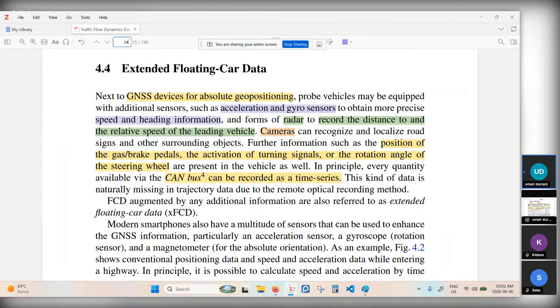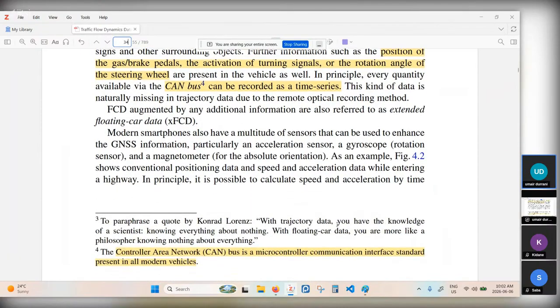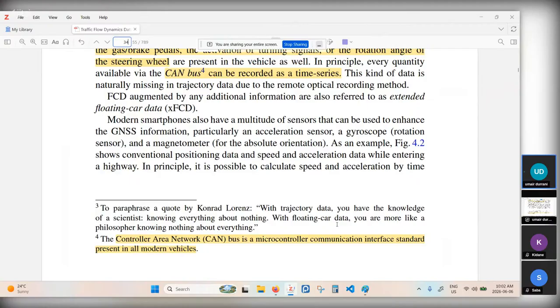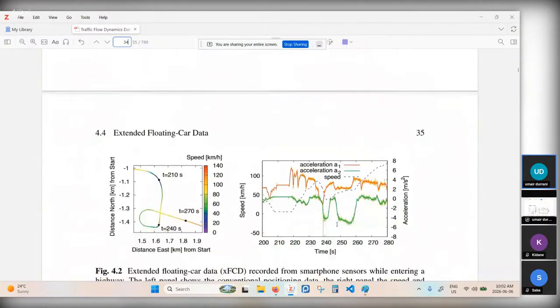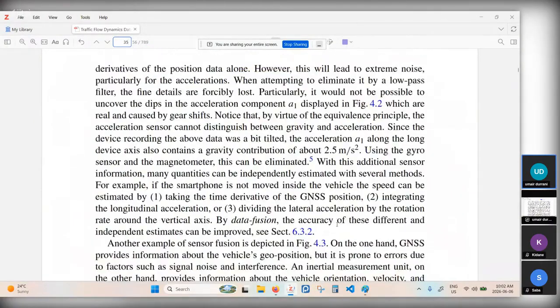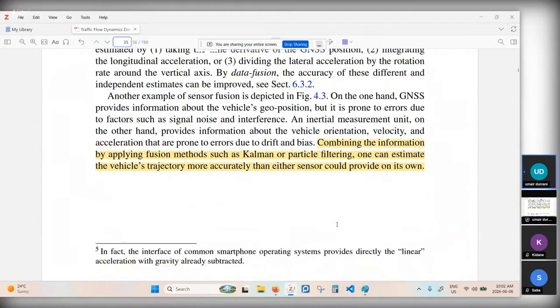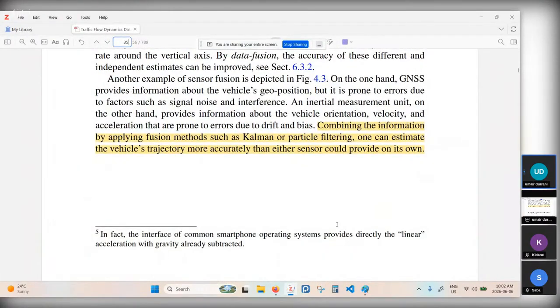And all that data is provided as a time series. So all of that is considered to be extended floating car data that we can get from modern communication interfaces and from modern vehicles.